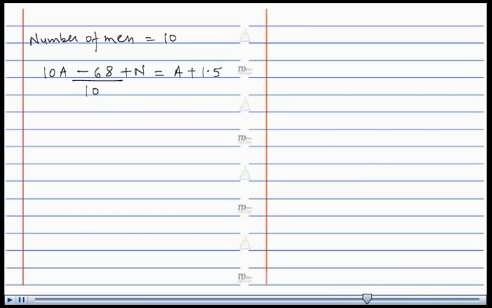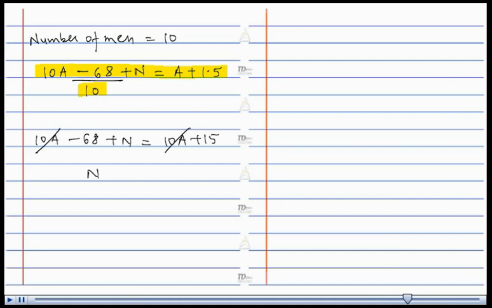That is, the new average weight which increased by 1.5 kgs. On solving this equation, we get 10a minus 68 plus n is equal to 10a plus 15.